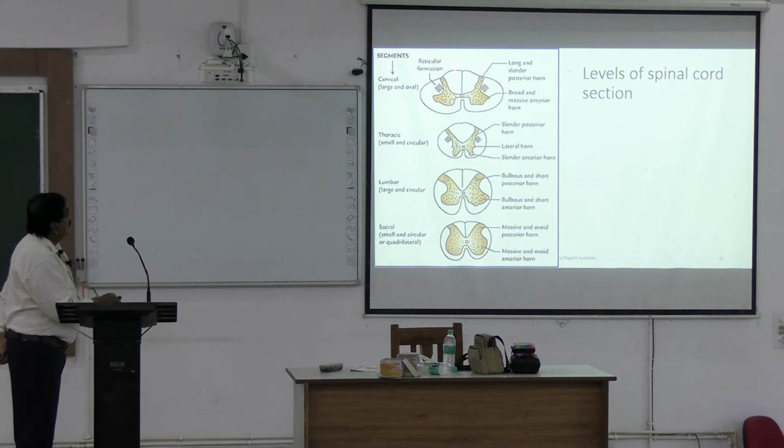This is oval, this is small and circular, this is large and circular, and this is small and circular or quadrilateral. See the cervical, thoracic, lumbar and sacral.